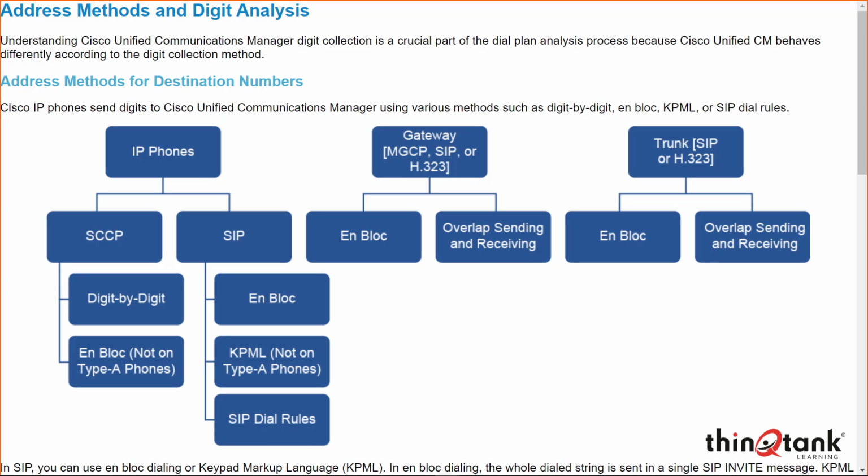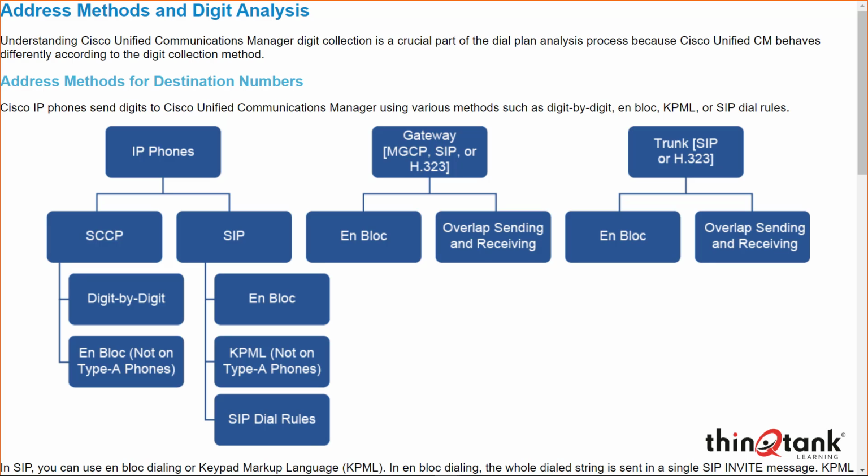All right, so let me talk a little bit about what overlap sending and receiving is. Overlap signaling means that the dialed digits are sent one by one as they're received from that particular calling device. This is typically something that we would see with a trunk, like an ISDN trunk or a SIP trunk.